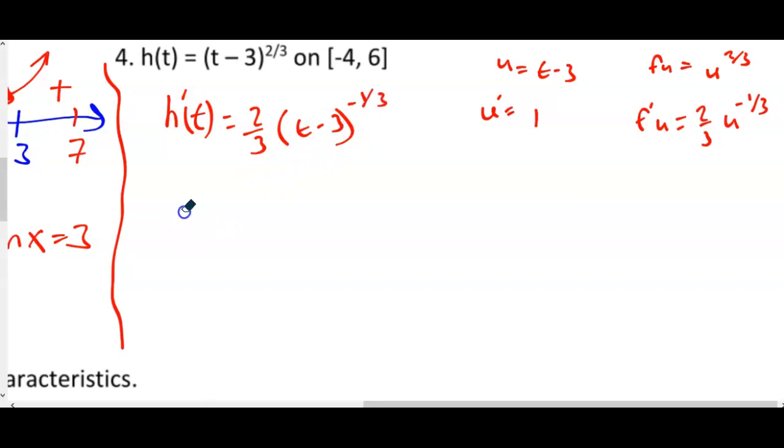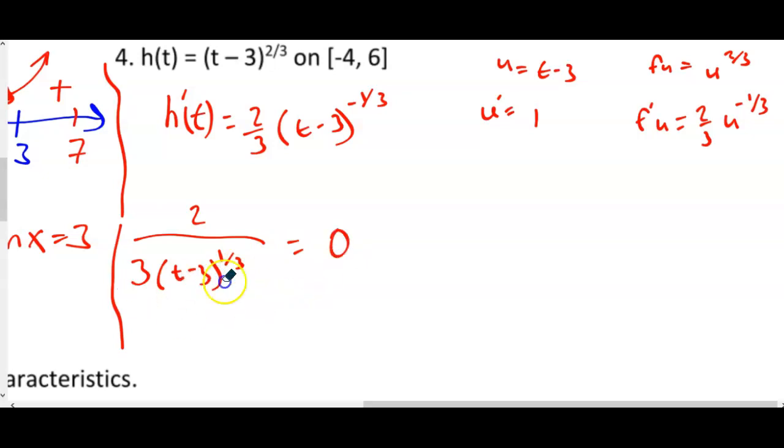Okay. Now we're going to set that equal to 0. Actually, you know what? Let me rewrite this real quick. It'll make solving for 0 a lot easier. There we go right there.